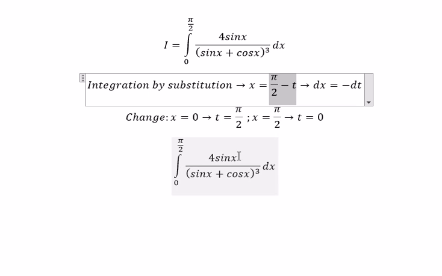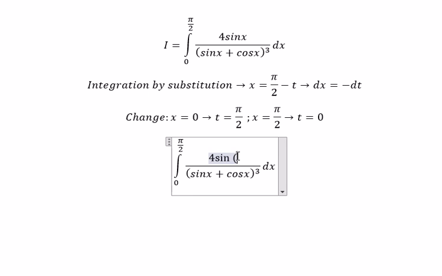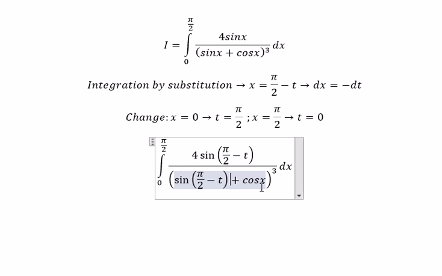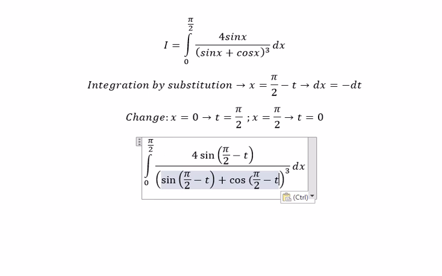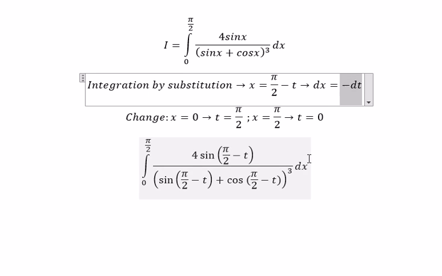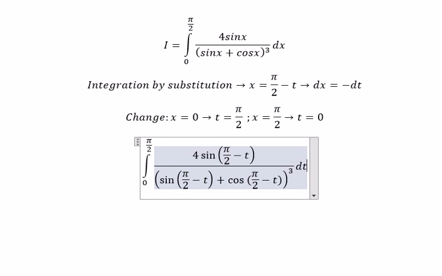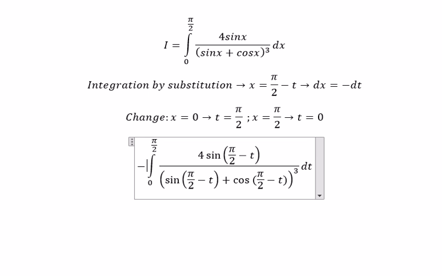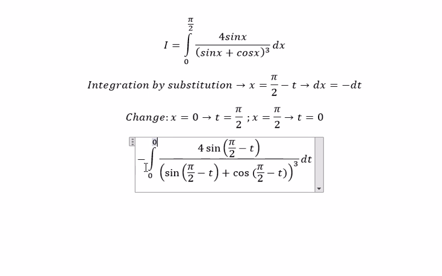For s, we put in here. For the s, we change for this one. For b over 2, we change for 0 in here. And 0, we change for b over 2.